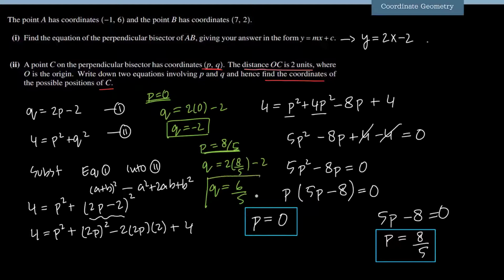So this is the other value of q. So the possible positions of C could be either C can have the coordinates of 0, minus 2, or C can have the coordinates of 8 upon 5, 6 upon 5. This is my answer.